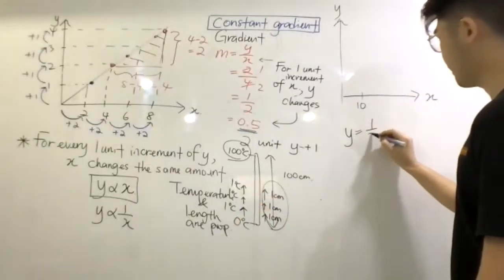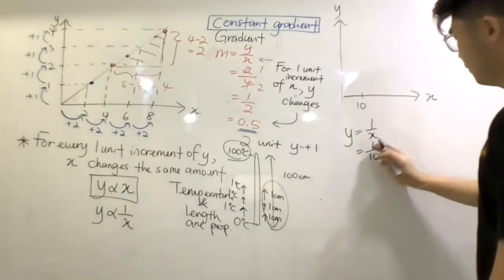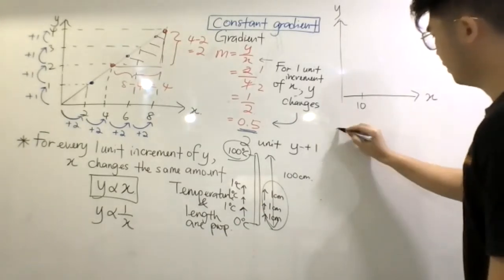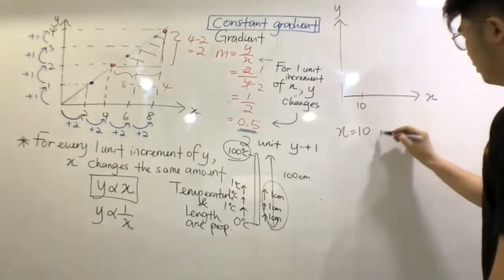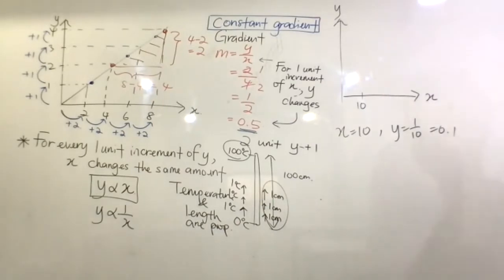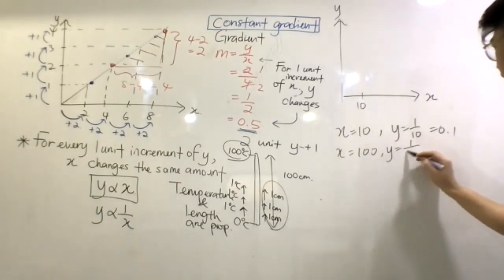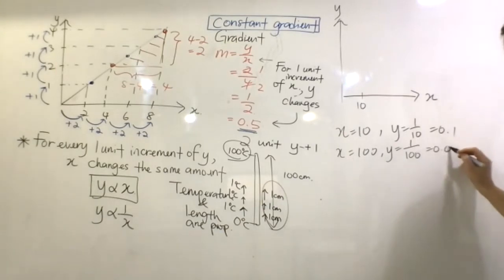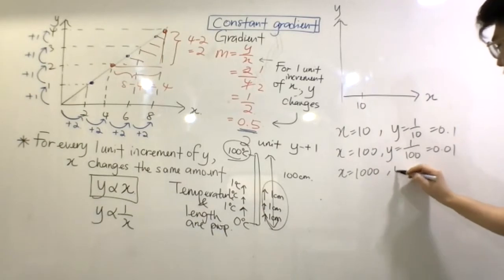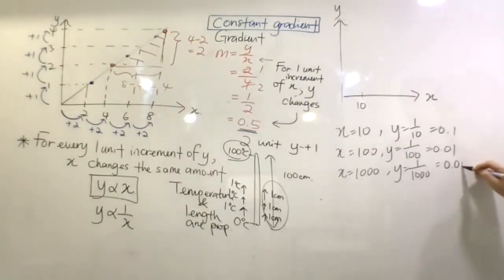Y equals 1 over x, right? X is 10, y equals 1 over 10, 0.1. When x is 100, y equals 1 over 100, 0.01. When x is 1000, y equals 1 over 1000, 0.001.